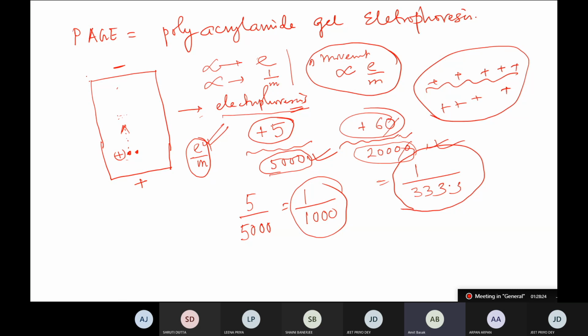Now, the protein is a really big molecule, and ultimately the total charge surrounding the protein will not be very high, because the charges only come from carboxylic acid or histidine or lysine.